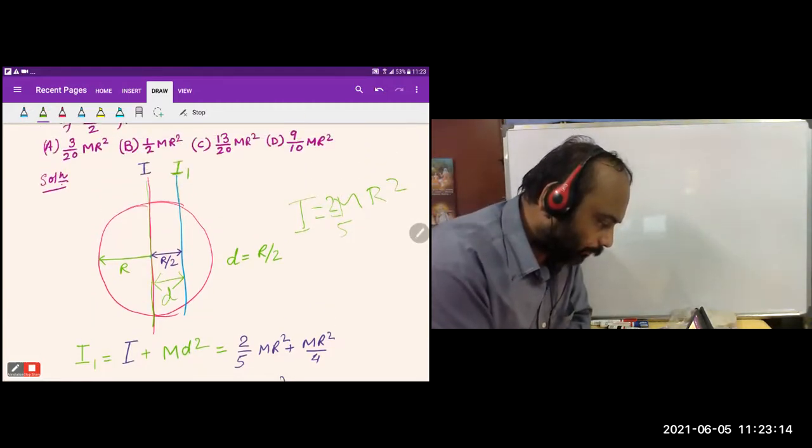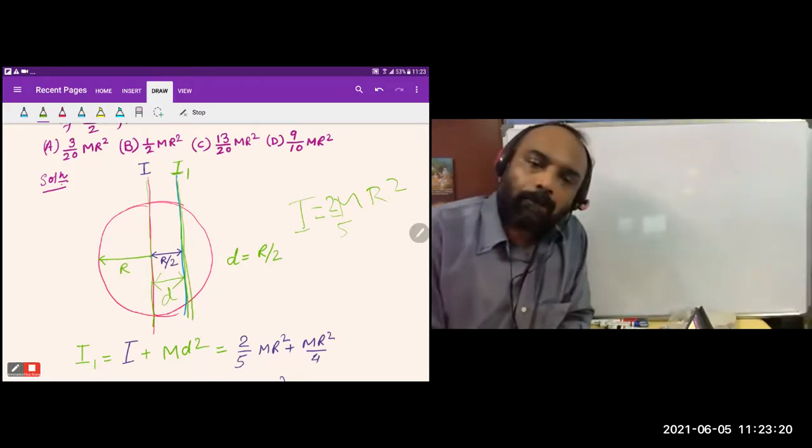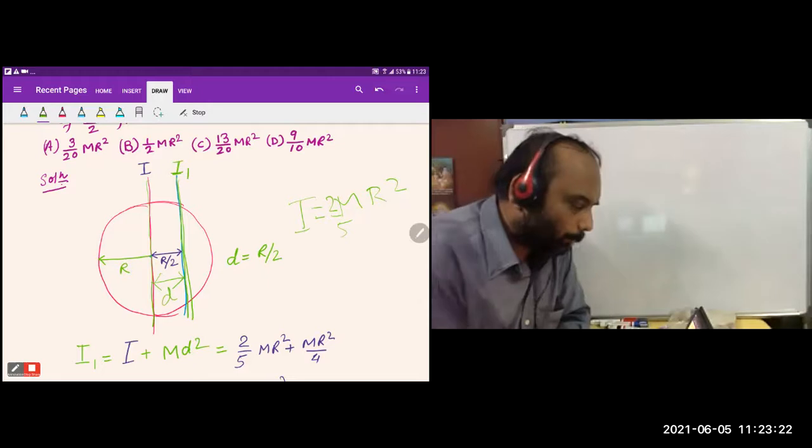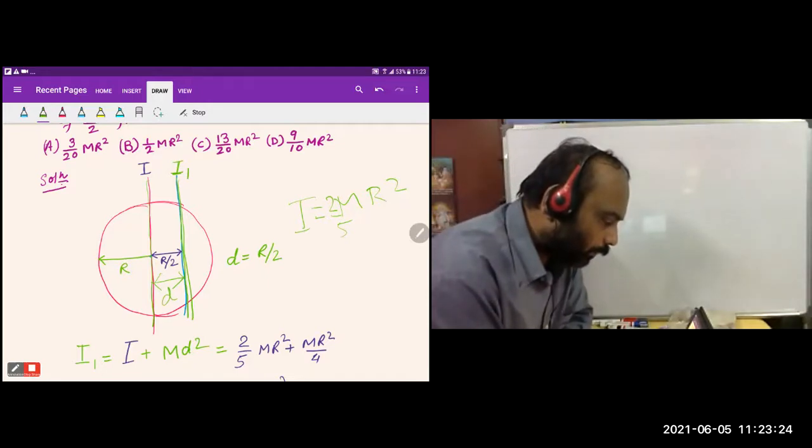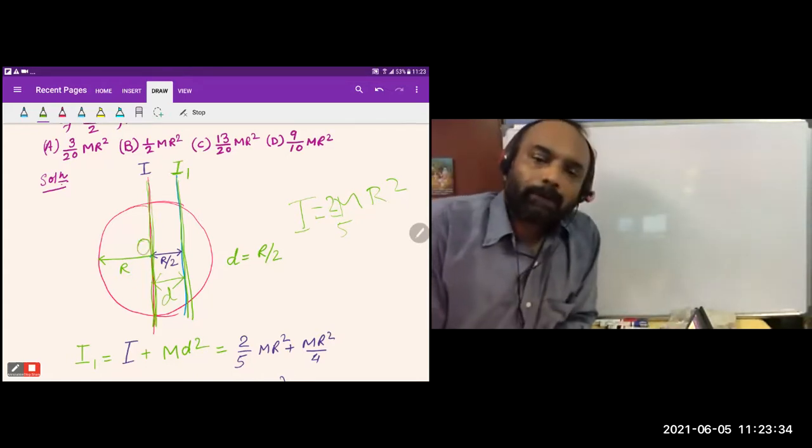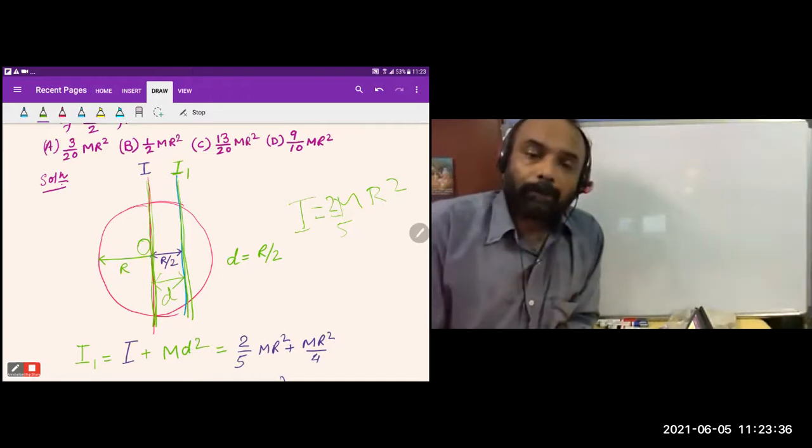So this is our axis about which we have to find the moment of inertia. We know the moment of inertia about the axis passing through the center of the sphere.